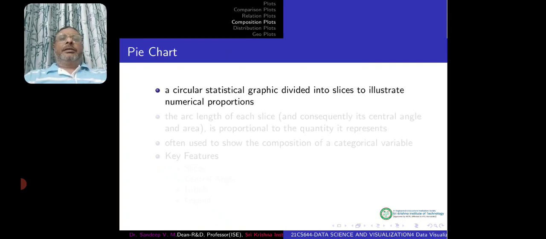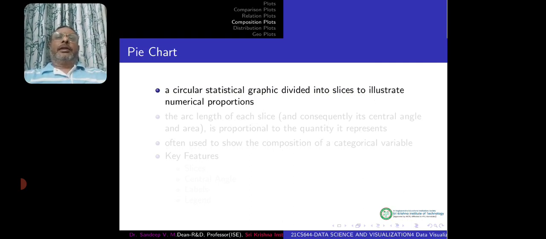A pie chart is a circular statistical graphic divided into slices to illustrate the numerical proportion. So when a particular parameter has multiple values, then the share of each value can be shown as a slice of the circular disk.